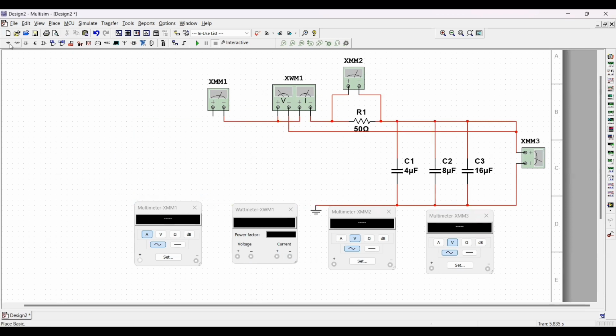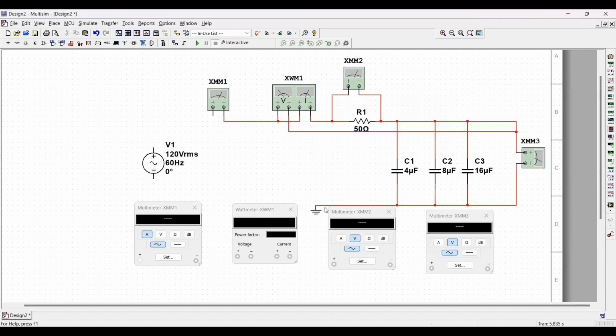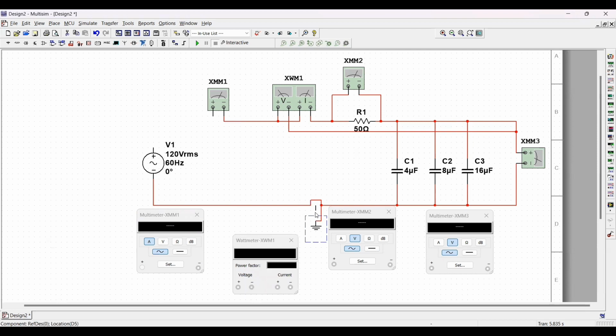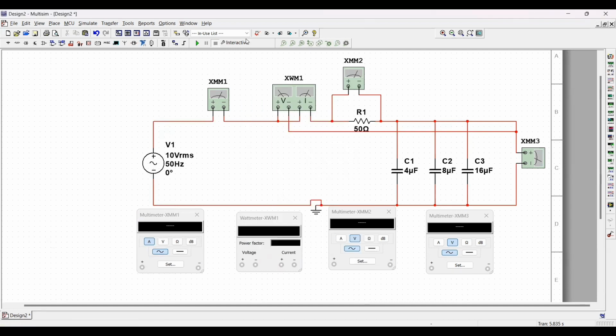Sorry, this is not C, this is the correct for VRMS. Ten and 50 hertz, and then we run. So this is for the 10 volt for the circuit.